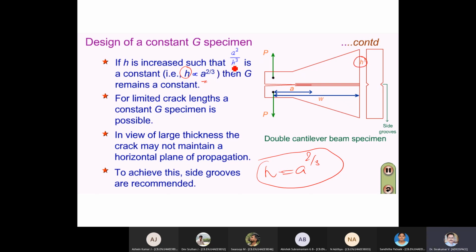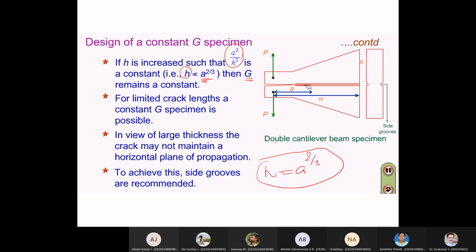In what fashion? A square by H cube should be a constant. That means H is proportional to A to the power 2 by 3. If you make a specimen similar to that, then you will get a constant G in every test for every P. Wherever you do it, you will get the constant. For that purpose only, they made this change.